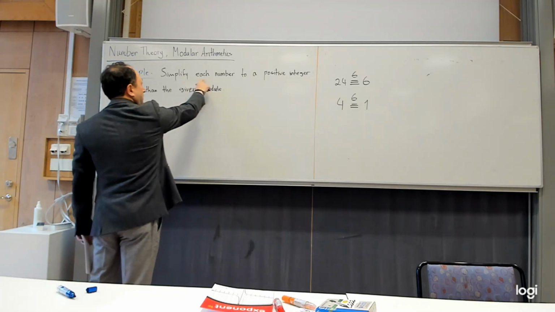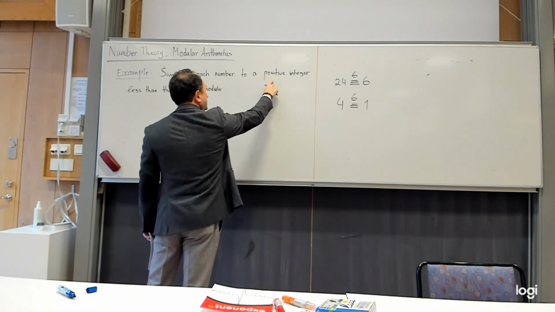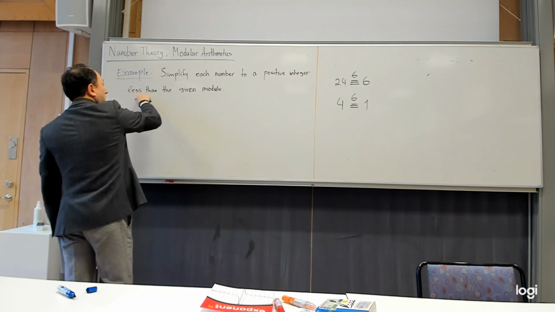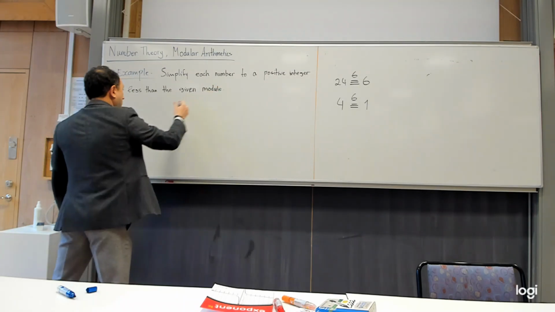So simplify each number to a positive integer less than the given module. I will tell you what it means.